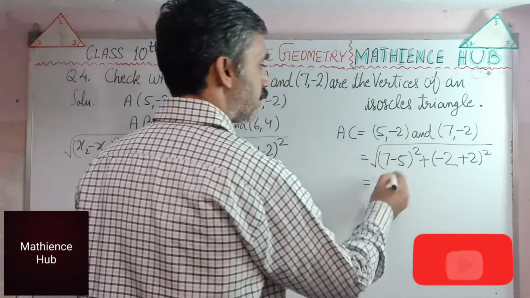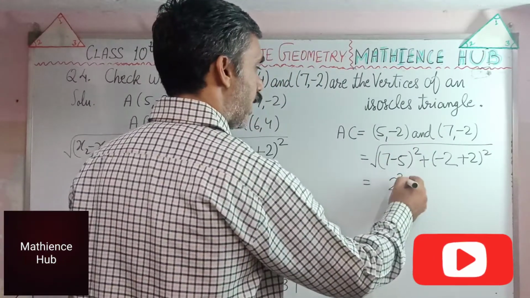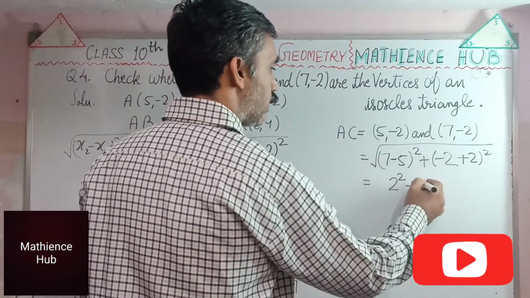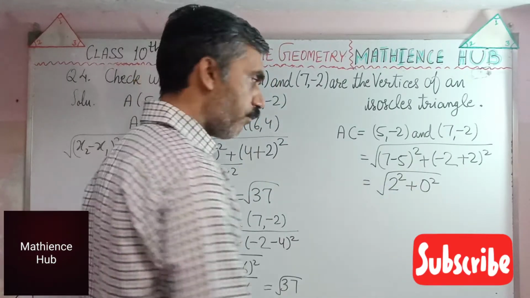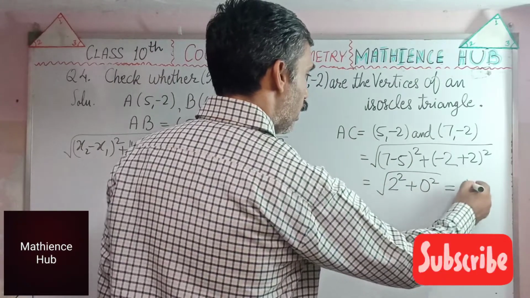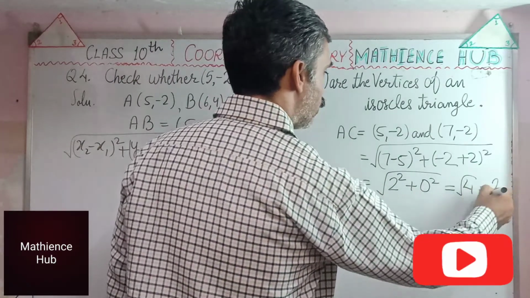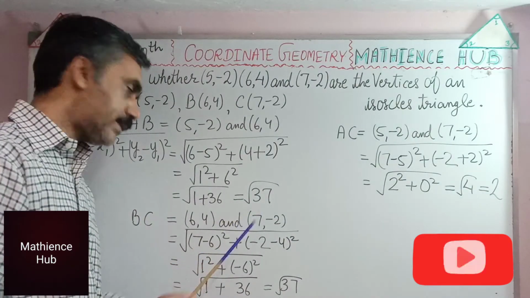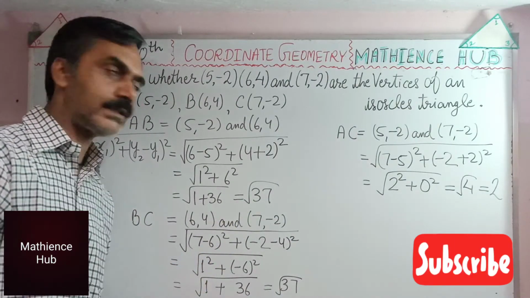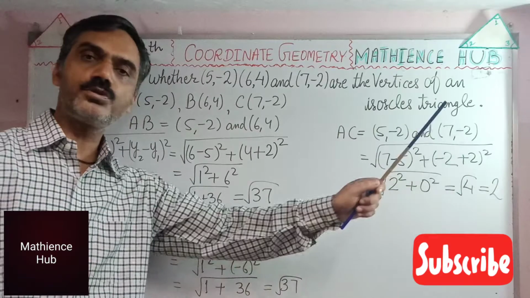So 7 minus 5 is 2 square and minus 2 plus 2 is 0. 2 square is 4. Root of 4 is 2. So AB equals root 37, BC equals root 37 and AC equals 2.